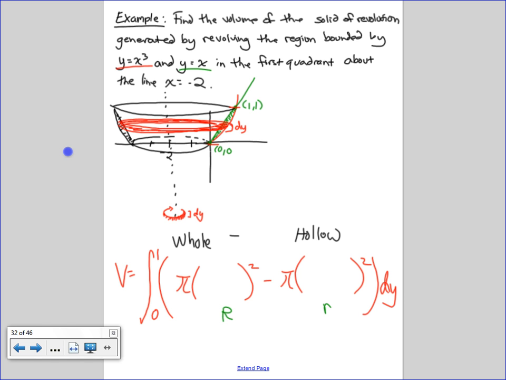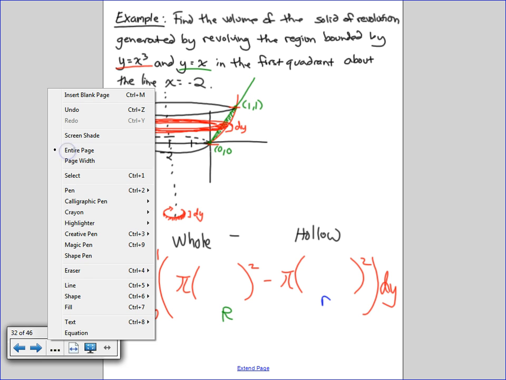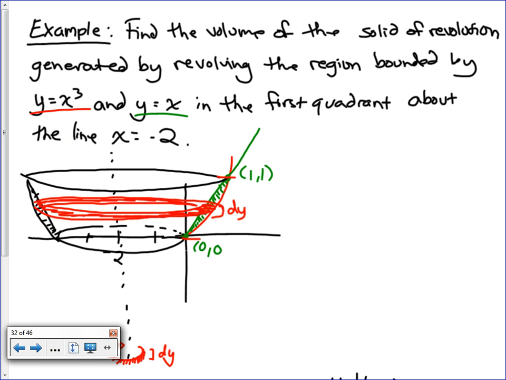Question. Radius. I'm going to change colors just for a second, just so we can be clear. The whole radius. I need to go from where to where? Where's the center of the circle? The axis of revolution, right?